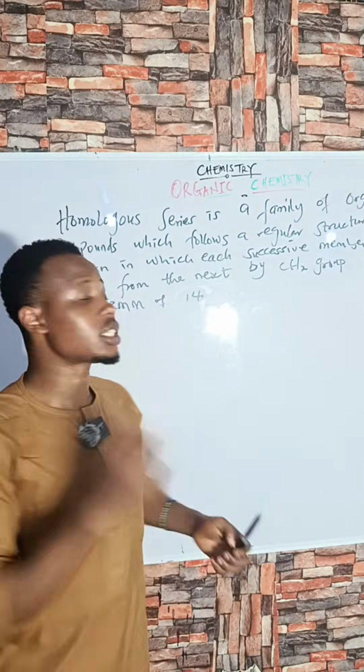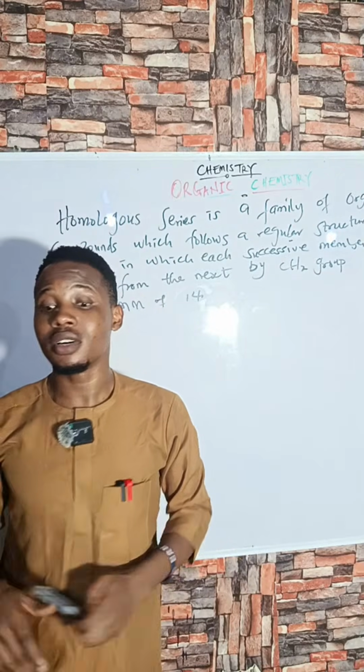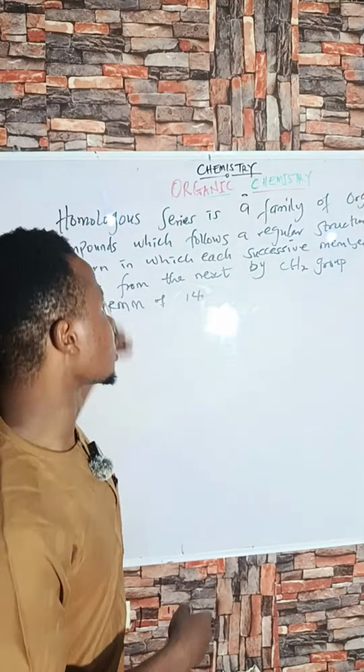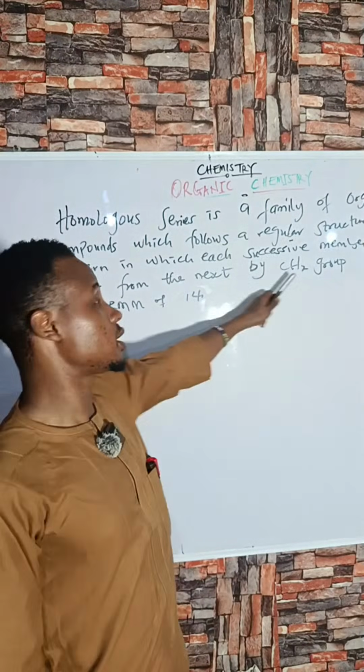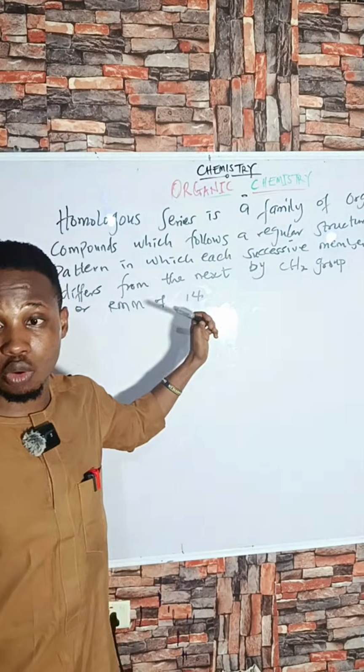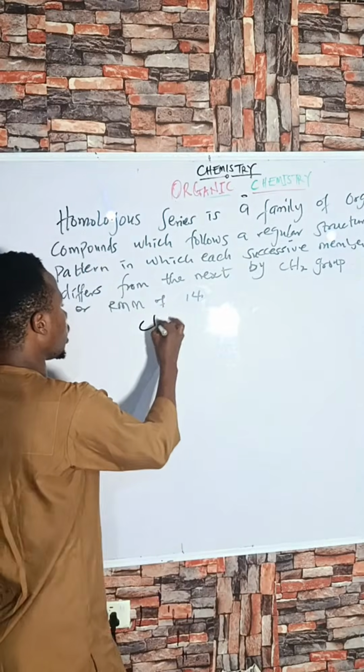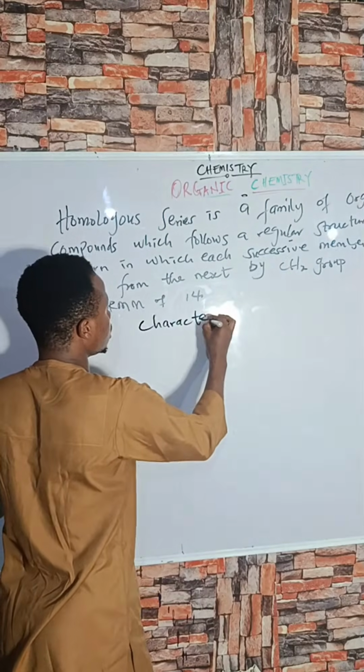So in this case, members of the homologous series have similar chemical properties. I've given number one. Number one is that each member differs by CH2 or a relative molecular mass of 14. That's the first characteristic of a homologous series.